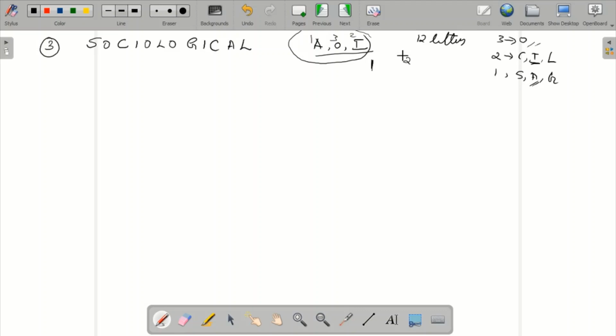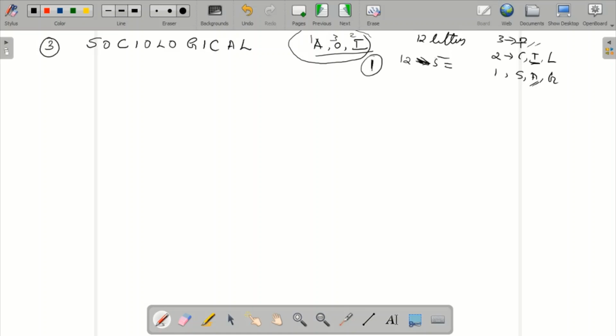So 12 minus 5, we have 7, right? If in arrangements all the vowels are to be adjacent, we treat all of them in the word as a single letter. So if we take this as a single letter, it is 1.